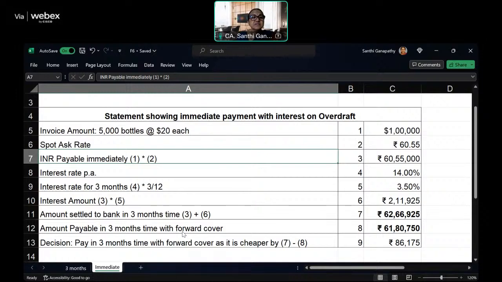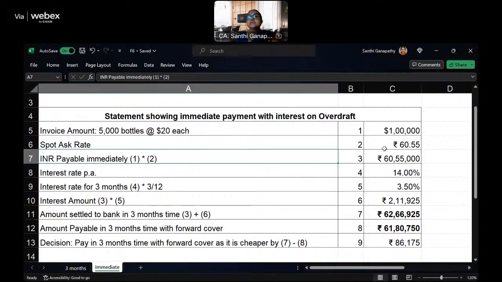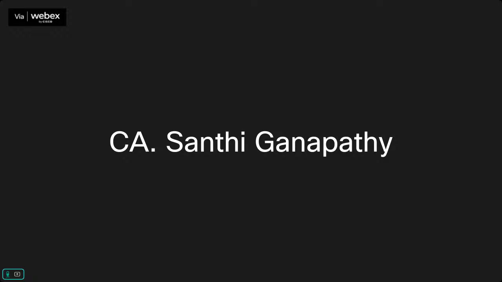Then we can look at money market hedge. Now, when you look at transactions in foreign currency, we could be looking at a payable or we could be looking at a receivable.